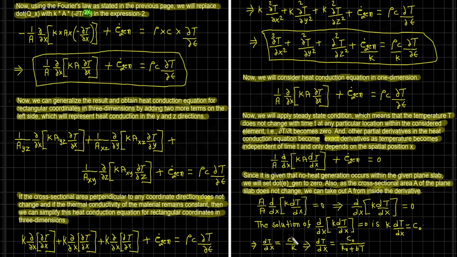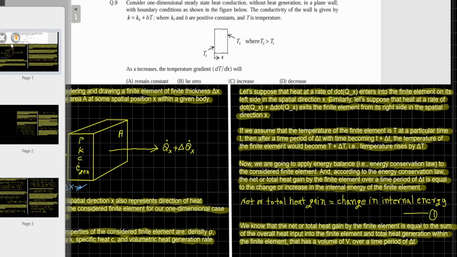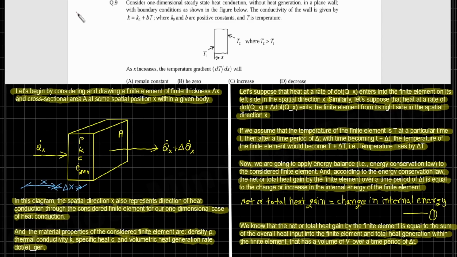So from page 1 we can see in this given diagram that as x increases, the temperature within the slab also increases because T2 is greater than T1.